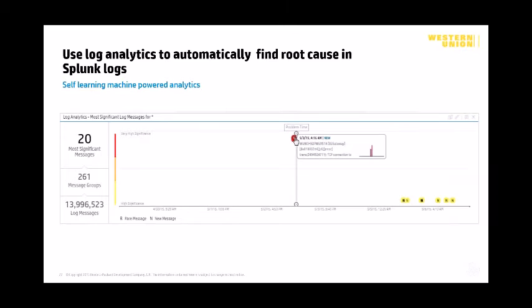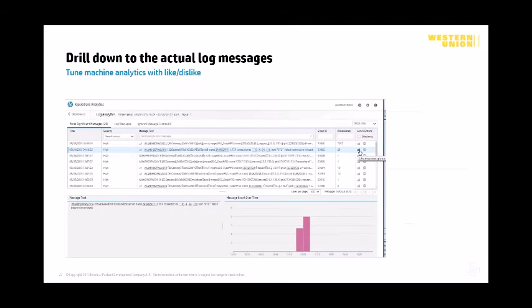In this case, operations analytics was able to take about 14 million log messages that came from a Splunk database and identified the most significant and relevant messages for the operator to look at. And again, you can drill down and click through to the exact messages and find out that, in this case, they found a network connection error that they didn't even know about.